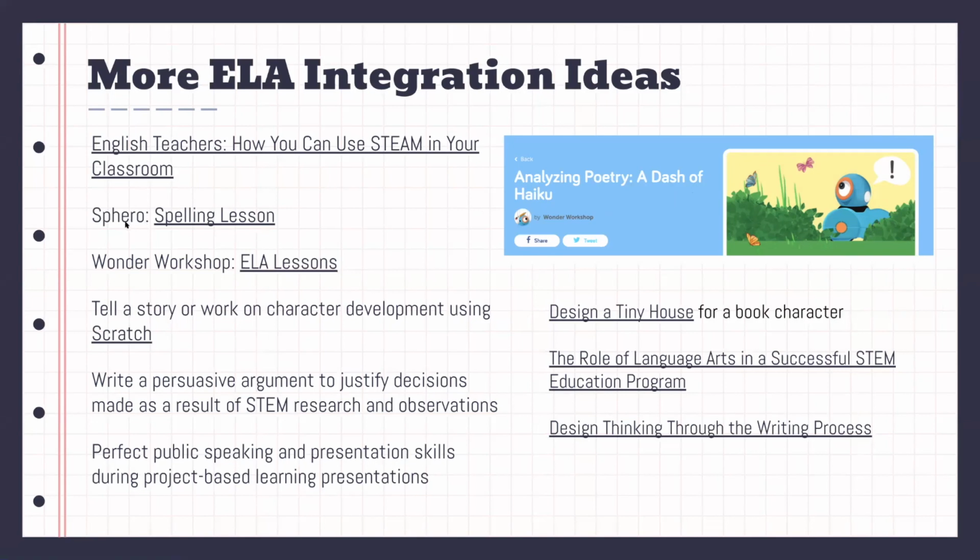If you have Spheros in your organization, they're little codable balls. They have spelling activities, and using Scratch, there's just a ton of storytelling you can do. Character development, plot development. You can retell a story with Scratch, and it's all student design based.